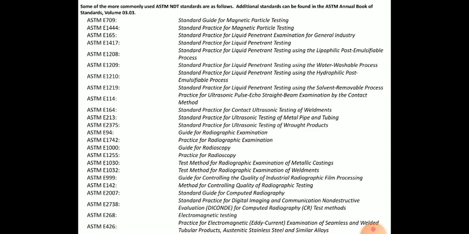And then moving further, ASTM E1742, the practice for radiography examinations, including various kinds of documentation, inspection, and much more. And then ASTM E1000, the guide for radiography as well, and ASTM E1255, the practice for radioscopy.